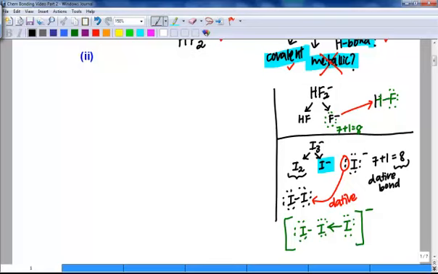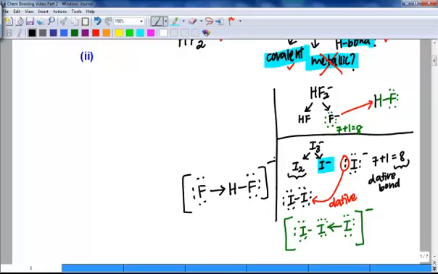How do we draw this? Of course, very simple. The structure should look like this: HF, with a dative bond from fluorine to hydrogen, and 6 lone pair electrons on each F. Overall, you must remember to put a square bracket and a negative sign.